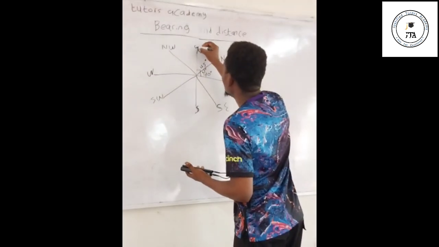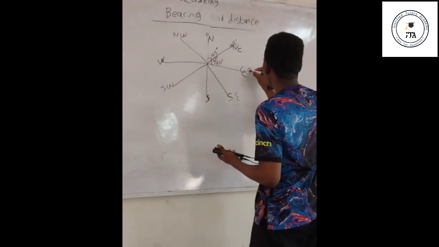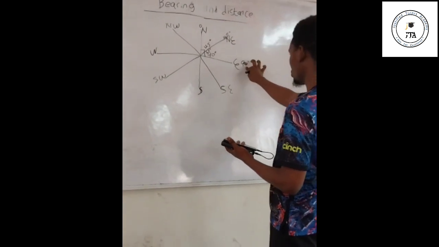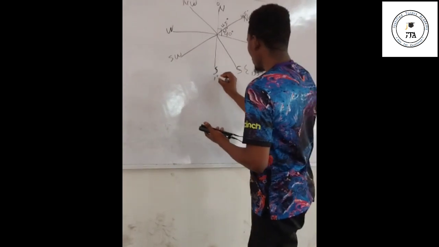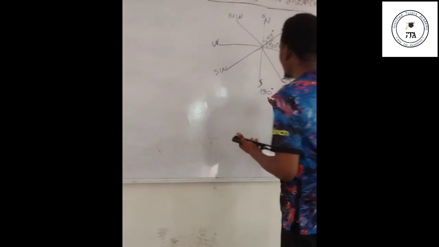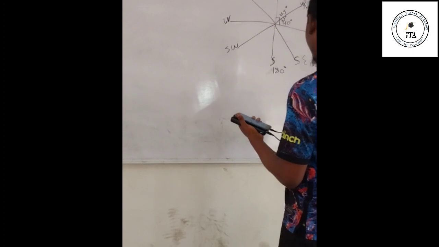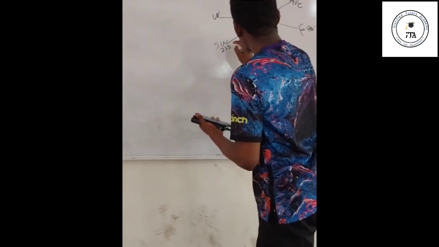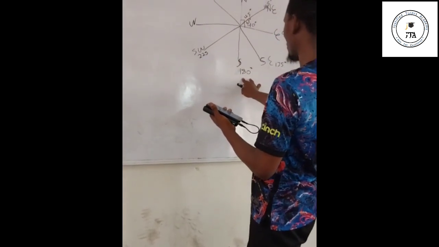Let's go like this. 0, 45 degrees. Then we have 90 degrees here. You add 45 to it, you have 135 degrees. Then here will be 180 degrees. Here will be 180 plus 45, which gives us 225.